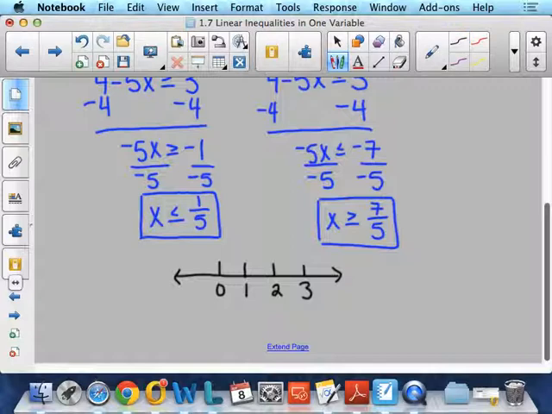If we start with x is less than or equal to 1/5, I'm going to have a closed circle where 1/5 would be. And since x is less than this number, I'm going to shade to the left. And the next one, x is greater than or equal to 7/5, so I'm going to have a closed circle at 7/5. x is bigger than this number, so now I'm going to shade to the right.